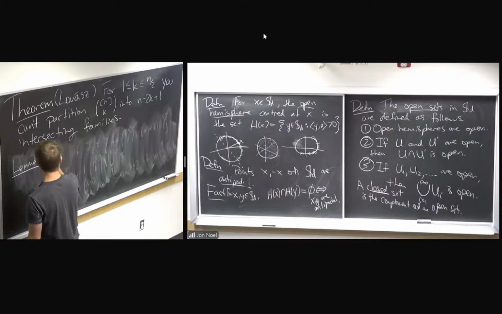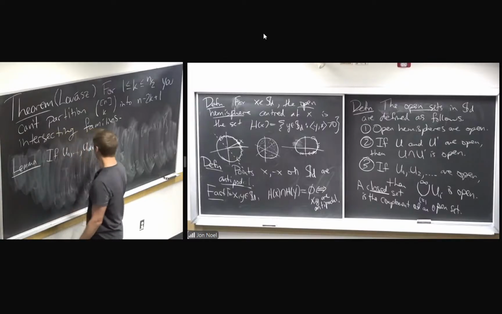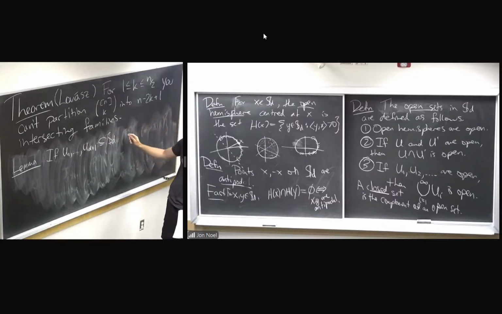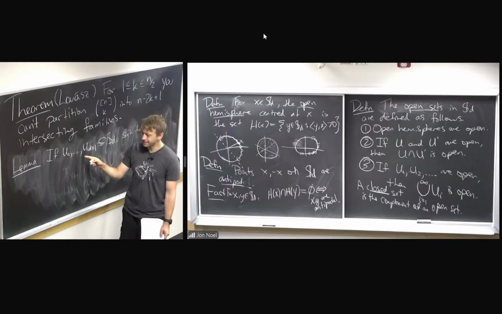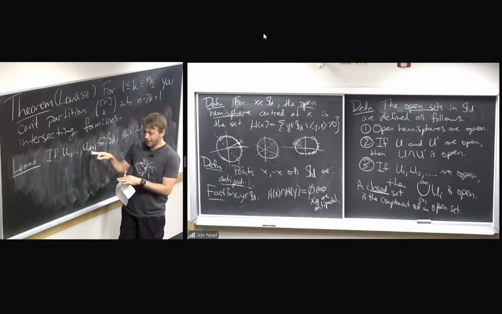So if U1 up to U d plus 1 are subsets of the sphere such that each of the first D sets have to be open or closed, but I don't actually care about the last one.